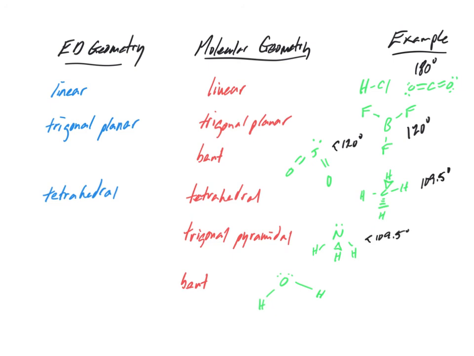Why? Again, that non-bonding pair of electrons pushes down and repulses the other bonding pairs of electrons just a little bit more. If you want to ascribe a number to it, some places you'll see 104.5, some places you'll see 107.5, depending on the molecule, but what matters is that it's just a little bit less than 109.5.